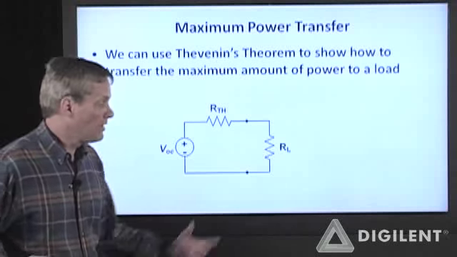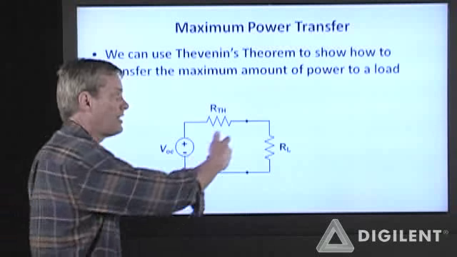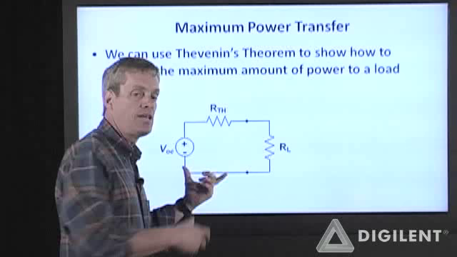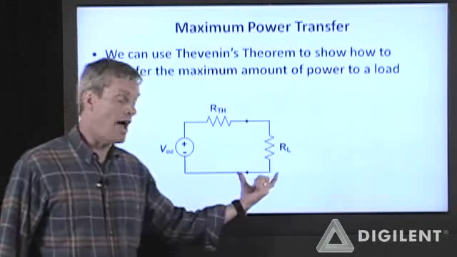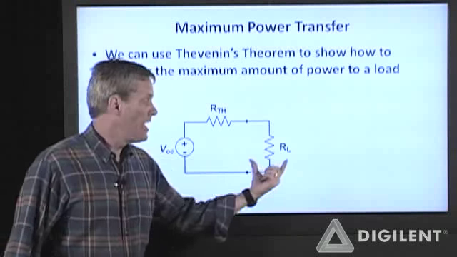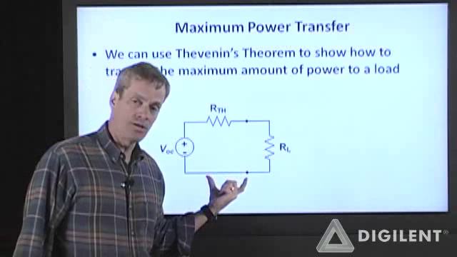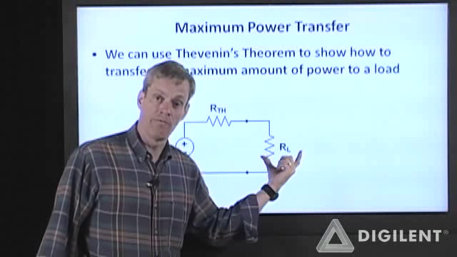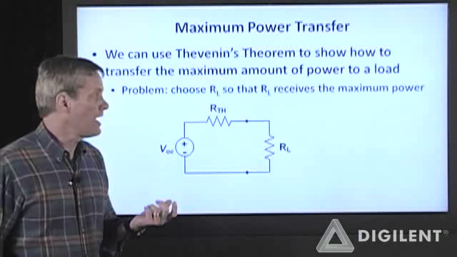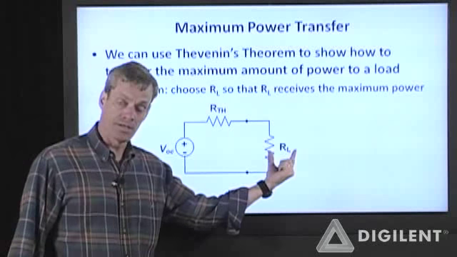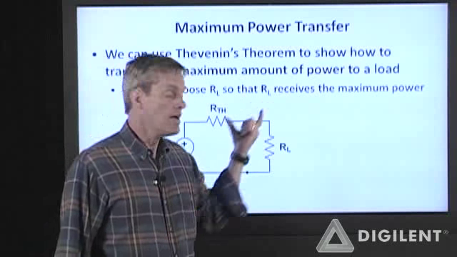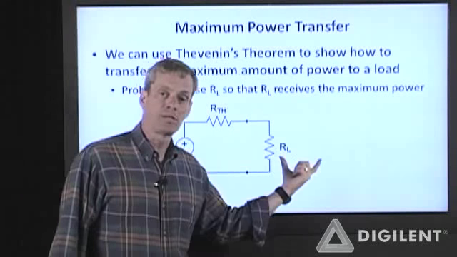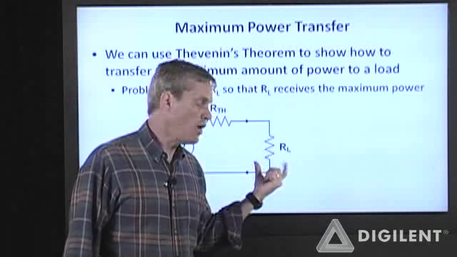The way I can design this R sub L is to create a Thevenin equivalent circuit for whatever is driving the load. Then this Thevenin equivalent circuit allows me to choose R sub L very easily. So my design problem is to choose the load resistance R sub L so that this circuit delivers the maximum amount of power possible to the load.